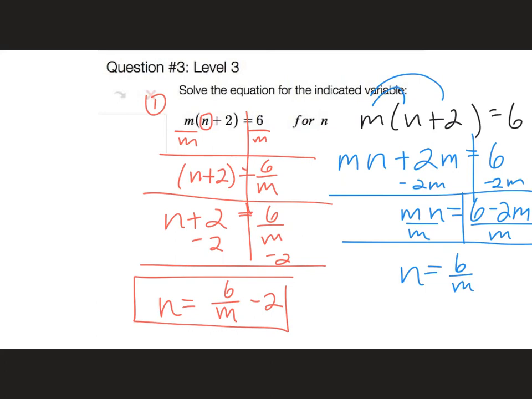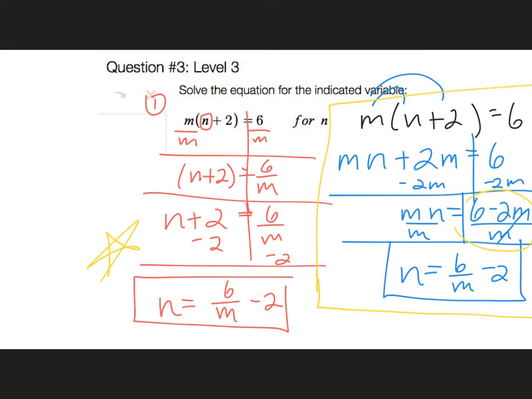And then if we have 2m divided by m, my m's are actually going away, leaving us with just a minus 2. So my thoughts is this first way is probably the easier way to go about this, but the second way also works. We just have to be careful with that last step of dividing.